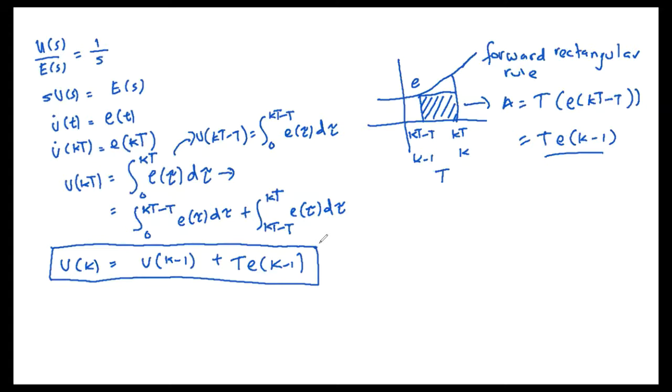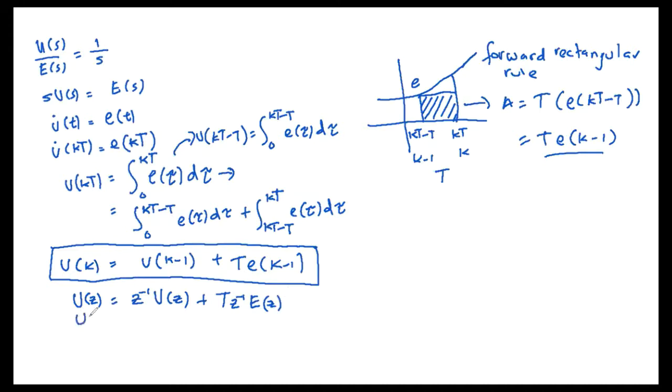Now we can apply z transforms and convert this in terms of z. So my u of z, so this capital U, will be equal to: u of k minus 1 is similar to z inverse u of z, plus t e of k minus 1 is z inverse e of z.